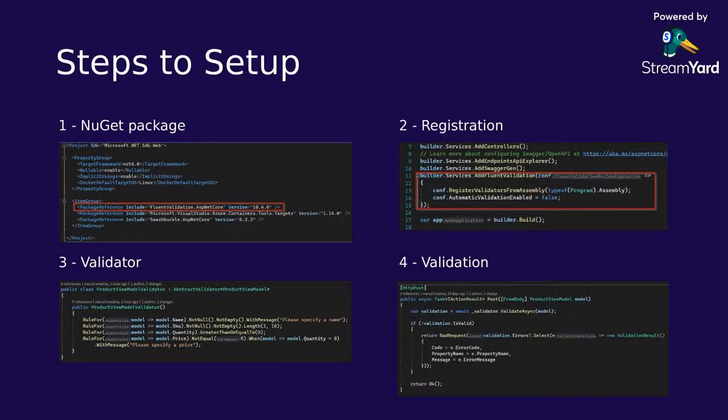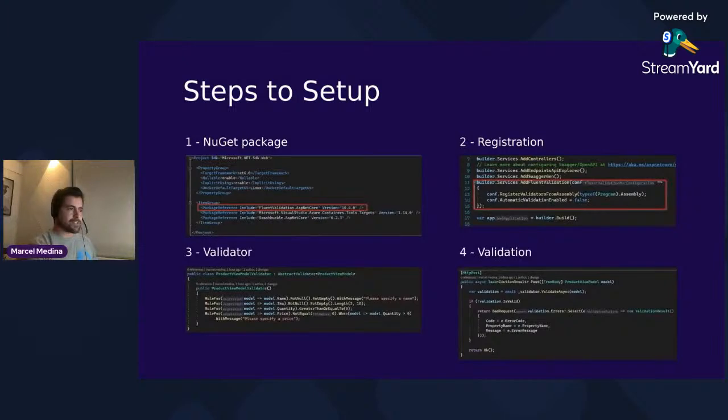I reckon the quality is not that great, but just bear with me. I'm gonna show it on the demo as well. So we're gonna see how it works. And we also have the validation, right? Because I have set automatic validation enable to false, when it comes down to the item 4 validation, I have a call where I'm calling validator.ValidateAsync, and then I pass in the model.